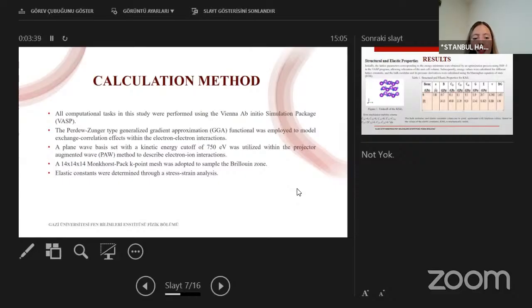A plane wave basis set with a kinetic energy cutoff of 750 electron volts was utilized within the projector augmented wave, PAW, method to describe electron-ion interactions. A 14 Monkhorst-Pack k-point mesh was adopted to sample the Brillouin zone, and elastic constants were determined through a stress-strain analysis.